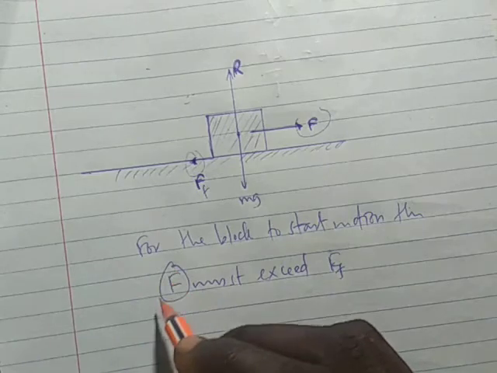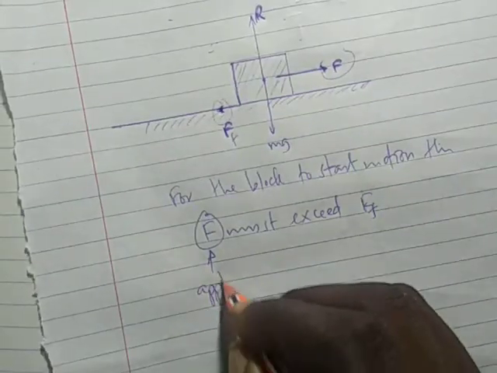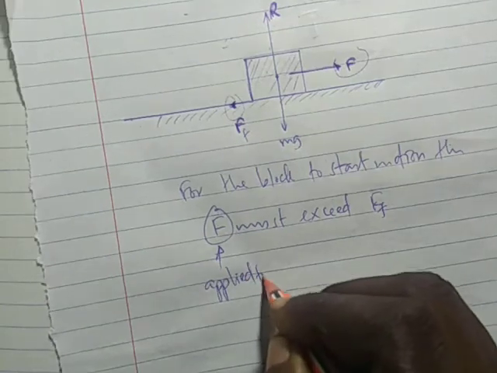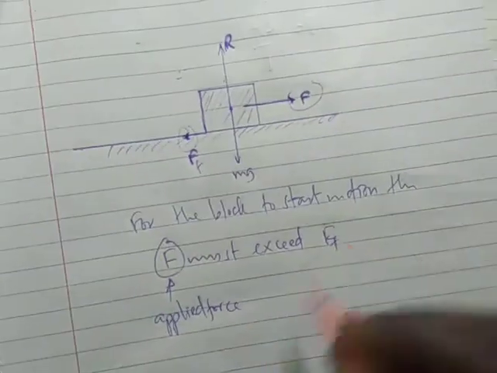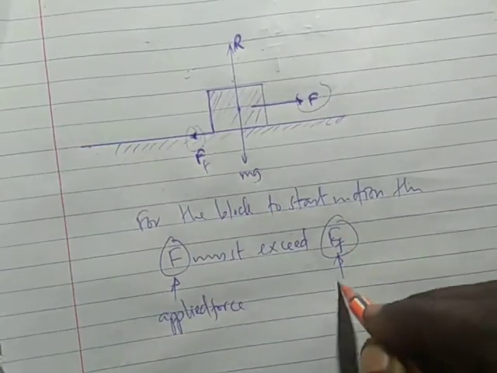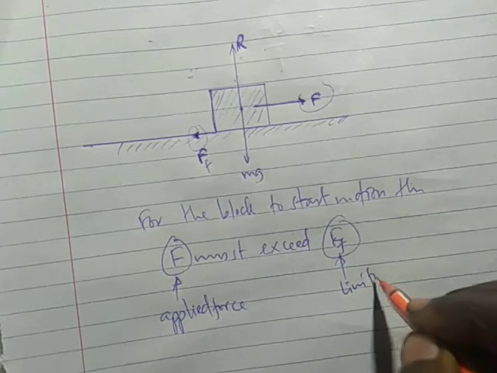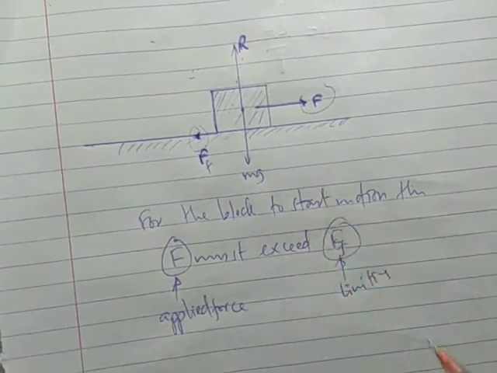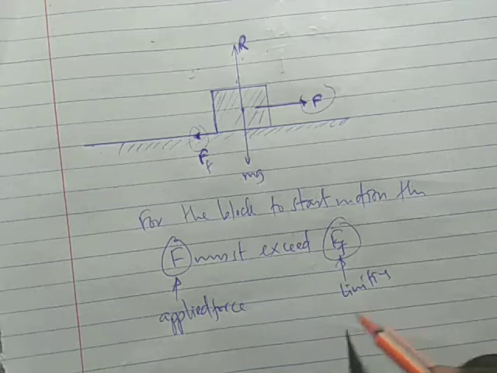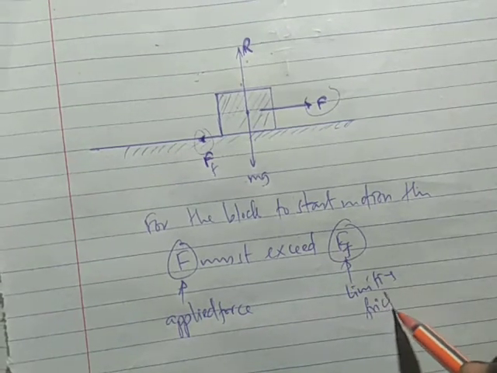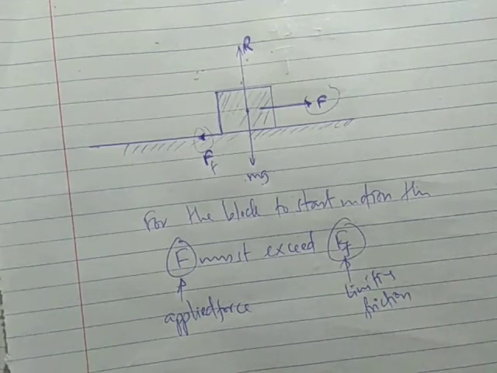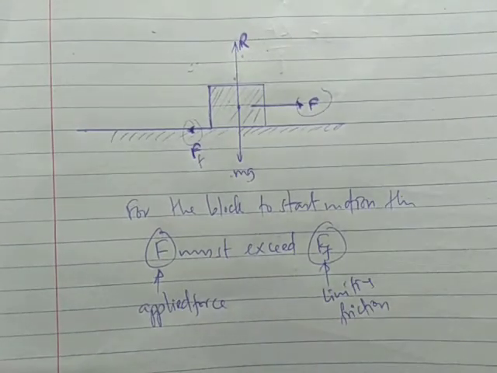The force applied, this is the applied force, must be greater than the limiting friction. It is called limiting friction because it tends to prevent the motion of the object. When you want to start the motion of any object, the limiting friction is there, preventing the motion of that object.